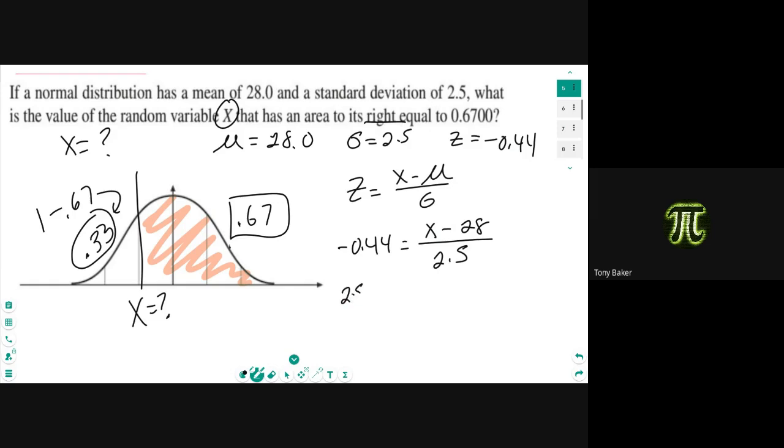So 2.5 times the negative 0.44 equals x minus 28, which gives you negative 1.1.